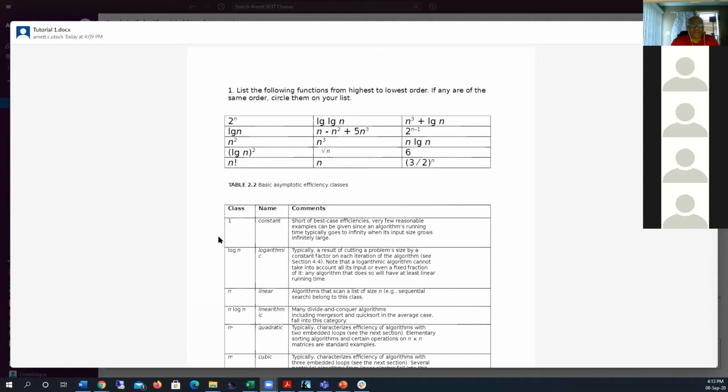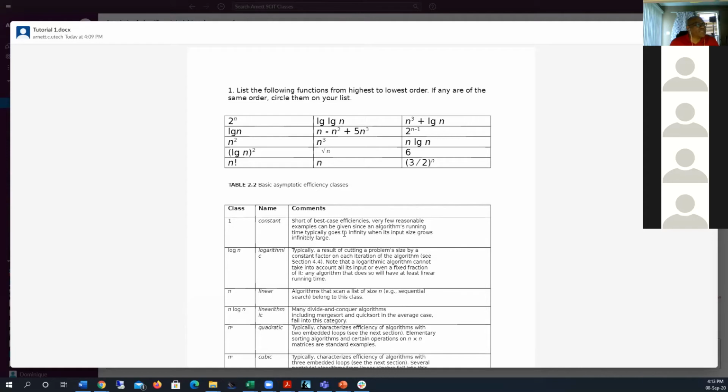That means no matter how large the input grows, it would not change, because the resource that is going to be used by the algorithm is constant.